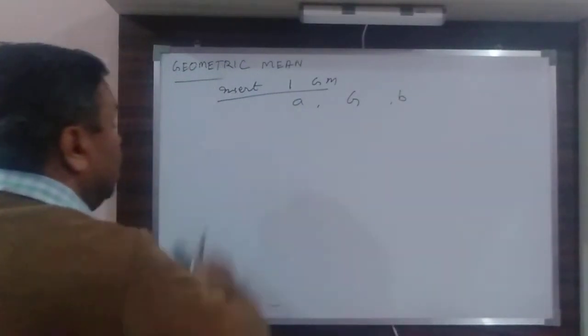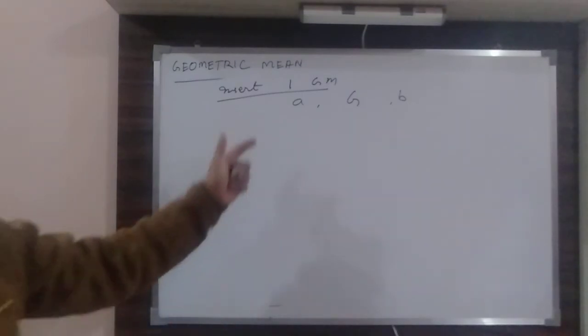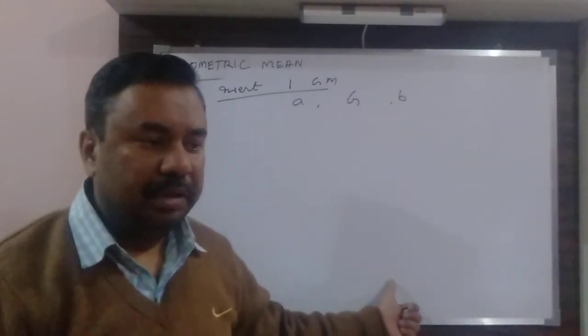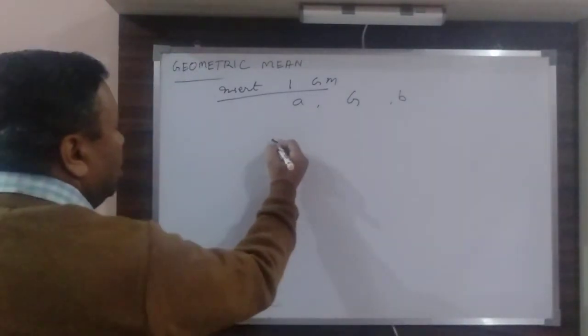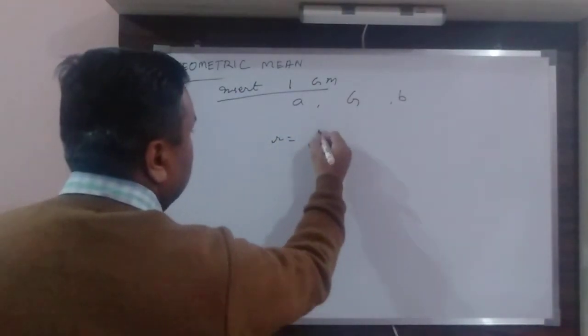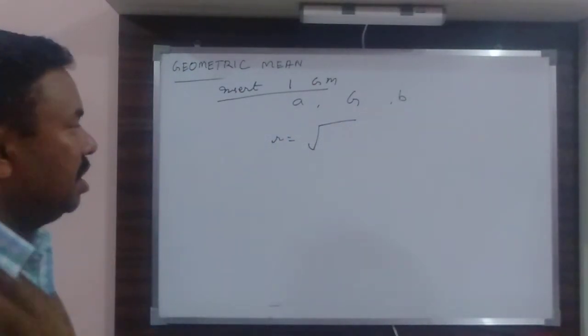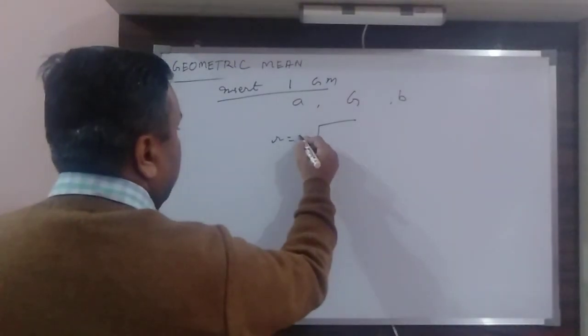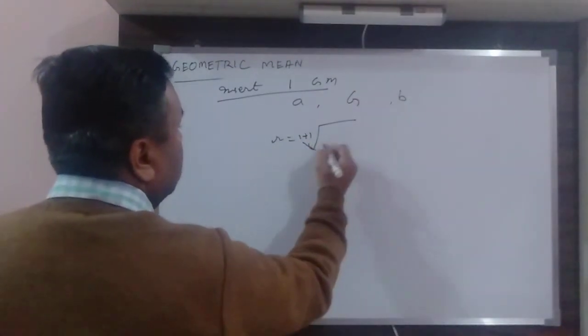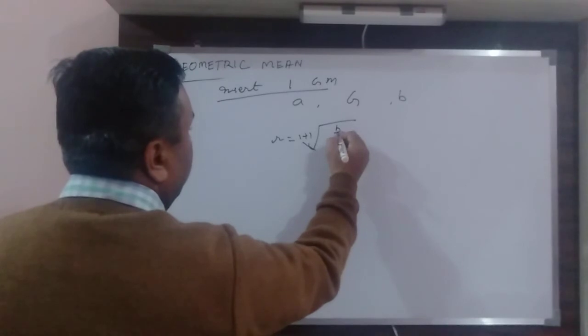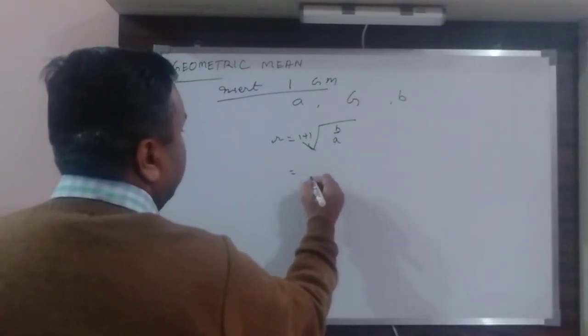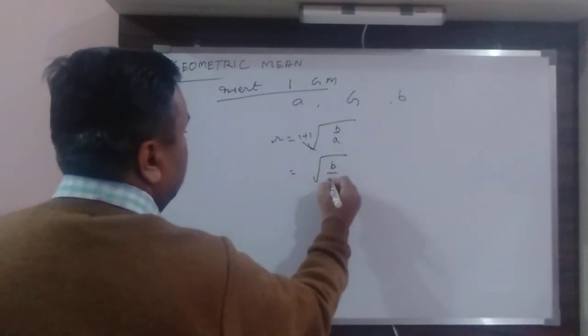Firstly, I will use this formula. So what will my R be? Since it is 1, it is the 1 plus 1th, that is the square root of B over A.